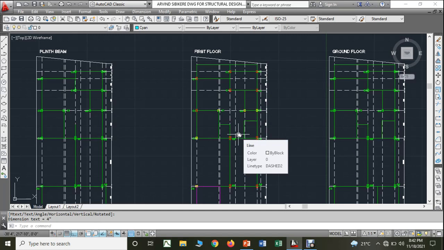By keeping the shorter dimension 9 inches, now let us change the longer dimension of the column.